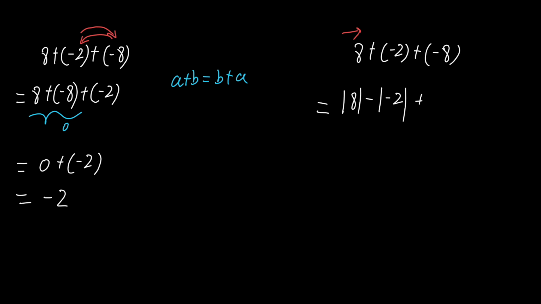And we just leave this -8 alone for now. The absolute value of 8 is 8, minus the absolute value of -2, which is 2. Then we just copy down this -8. And 8 minus 2 is 6.